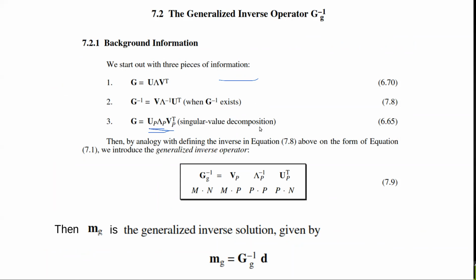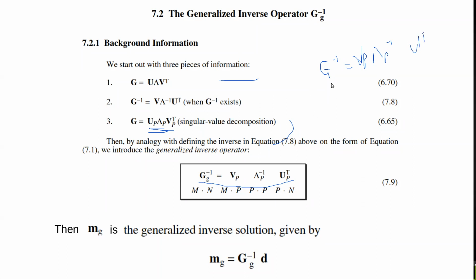And then in this case, just like in the case where the inverse is given by this relationship, G inverse is equal to VP lambda P inverse UT.